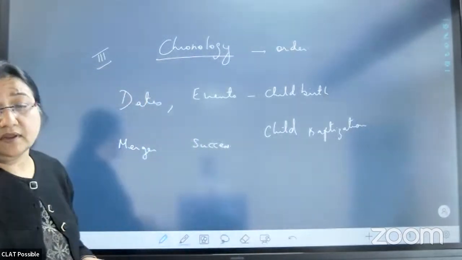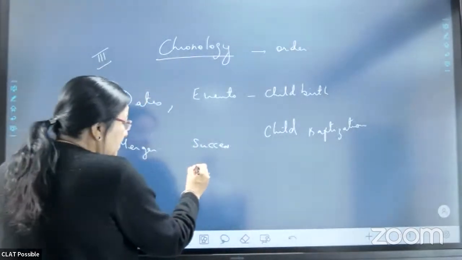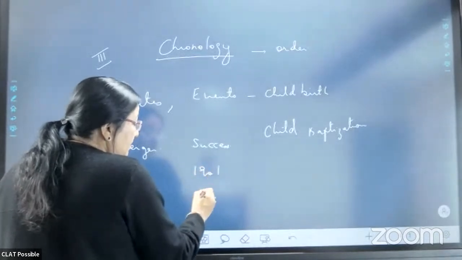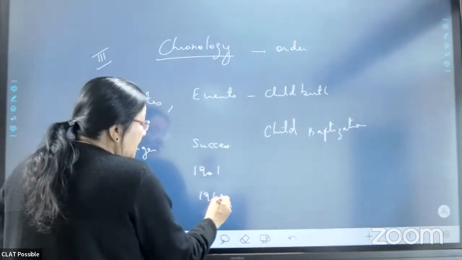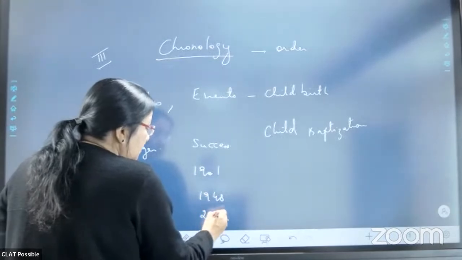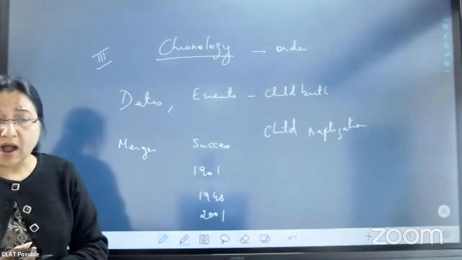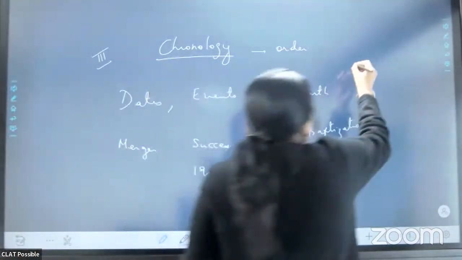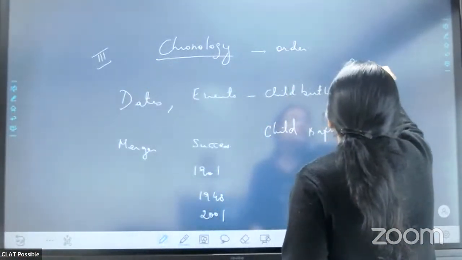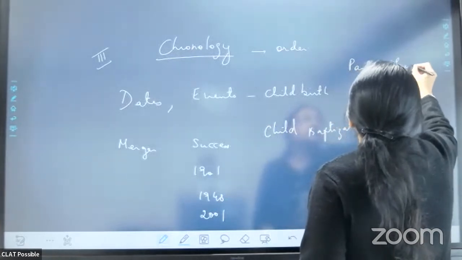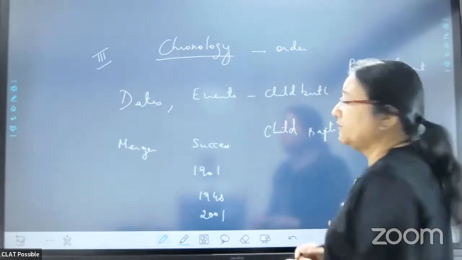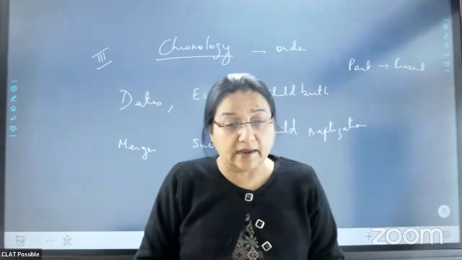Dates can be given in the format of, let me just say here, 1901, then we have 1948, and then we have 2001. Can you see they're all lying in chronological order? So past to the present, events of the past followed by events of the present, dates can be given, clues can be given from the beginning and in the end.